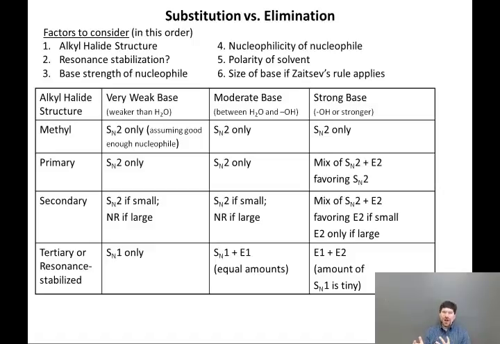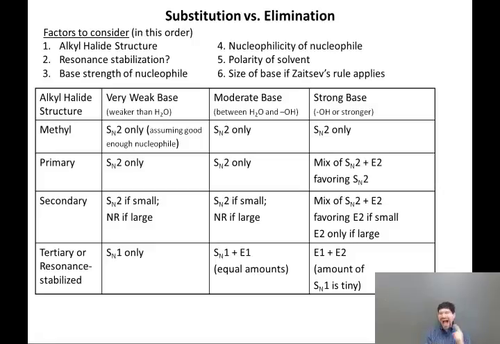When you have a strong base, one that is capable of doing E2 elimination, in this case, I am essentially going to say that you will exclusively get the elimination products. Realistically, you may get a tiny amount of SN1 substitution product, but think about it this way.